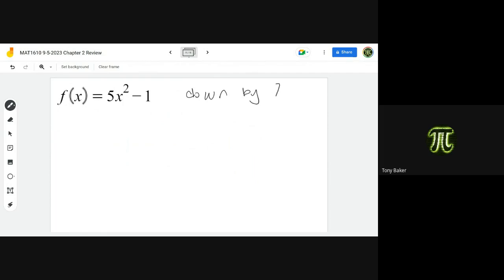So what does that change? So the f of x is, we're going to subtract 7 from that side, right? We do it on the left side, we have to do it on the right side. So that becomes 5x squared minus 8.